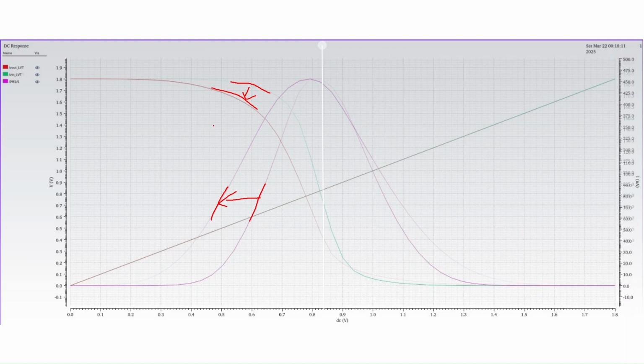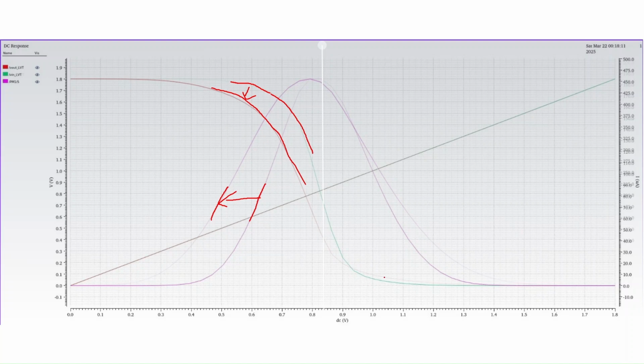You can see that we have overlapped the two voltage transfer characteristic curves on a single image. Also here you can see that the slope of the drop is different. The slope of this curve is different and the slope of this curve is different, so the output voltage decreases at a different slope.